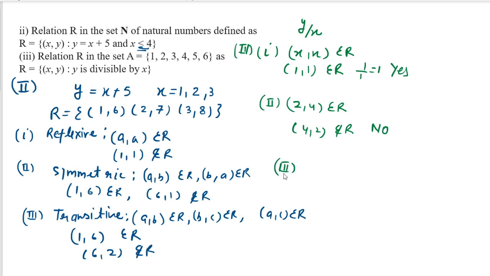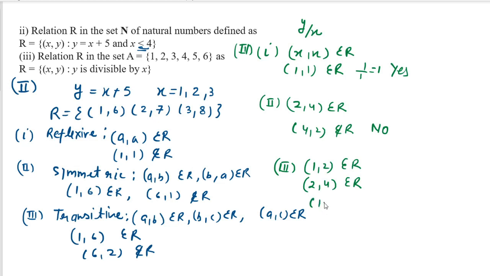For the third part, what is given here? In the third part, I'm going to tell you how to do it. I have taken (1, 2). It belongs to R because y is divisible by x. And I can say one more thing, (2, 4) also belongs to R because 4 is divisible by 2.